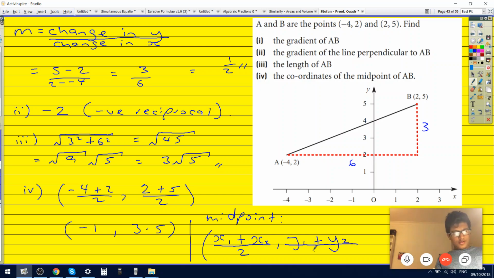Okay. So the 2 and 4 are the x values. So the two y coordinates are 2 and 5. Yeah. So 2 plus 5 and then half it.